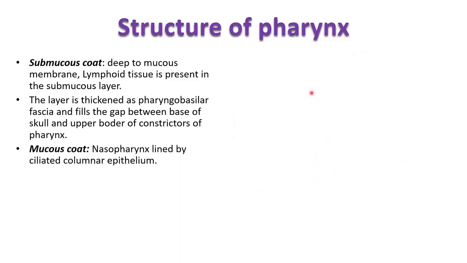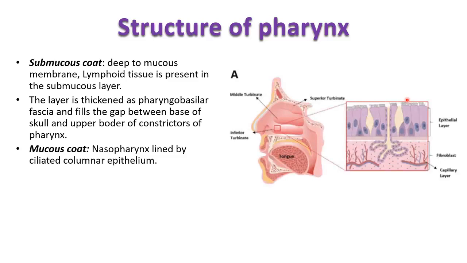Next is the mucous coat. Internally it is lined by the mucous membrane, and the nasopharynx is lined by pseudostratified ciliated columnar epithelium, which is the lining membrane of the nasal cavity.